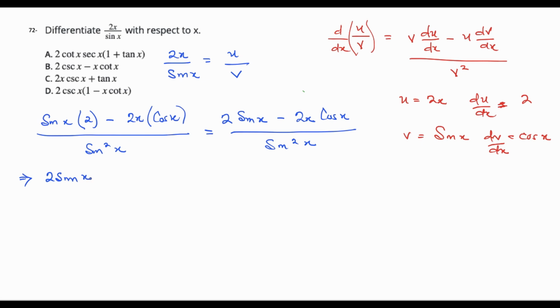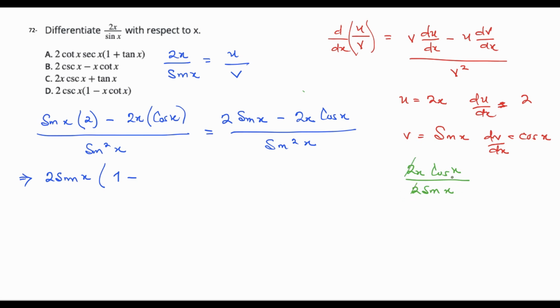So now if we factorize 2 sine x from the numerator, 2 sine x is common to both terms. So 2 sine x divided by 2 sine x is equal to 1 minus. Now let's go, there's a sidebar here. If we have 2x cos x divided by 2 sine x, so that's 2x cos x, and we divide it by the common factor 2 sine x, so 2 cancels out 2.